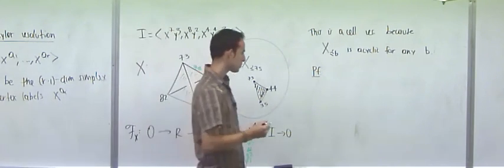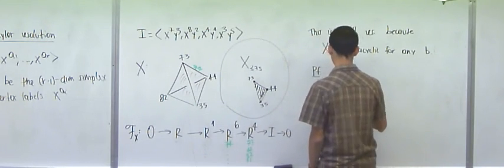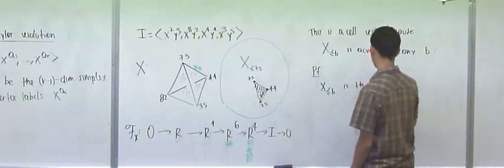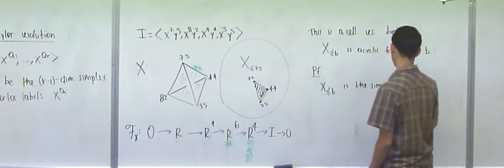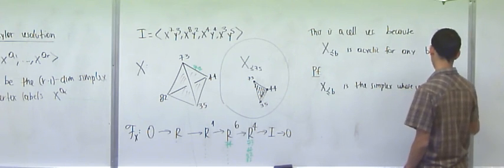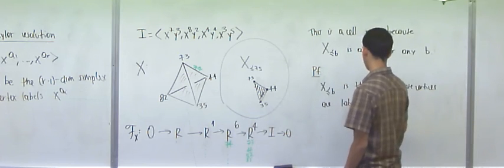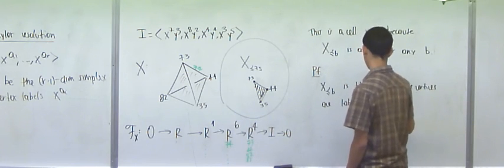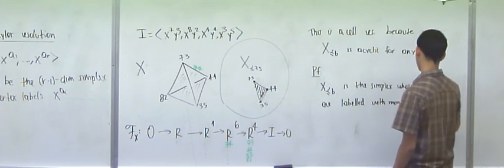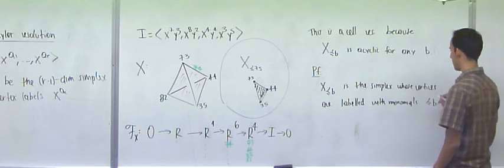So what we see here is that this guy is just a simplex, whose vertices are labeled with monomials less than or equal to b.